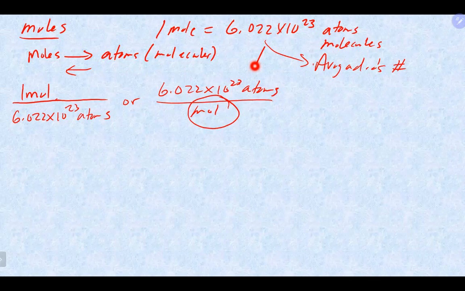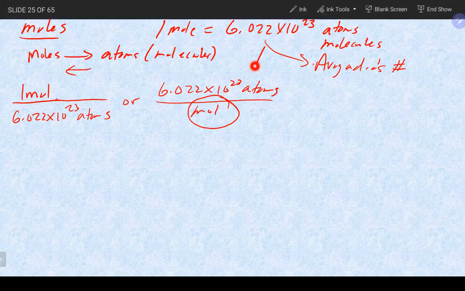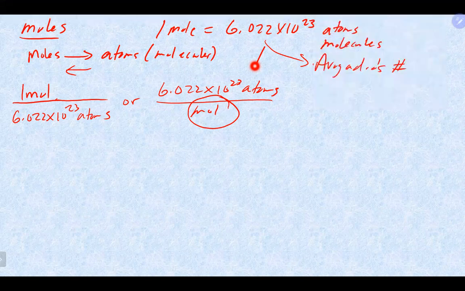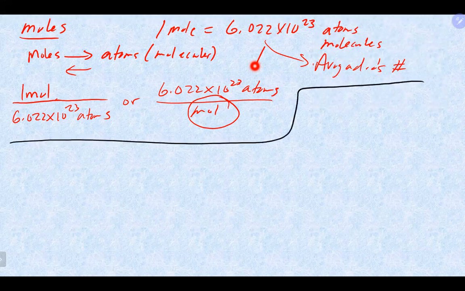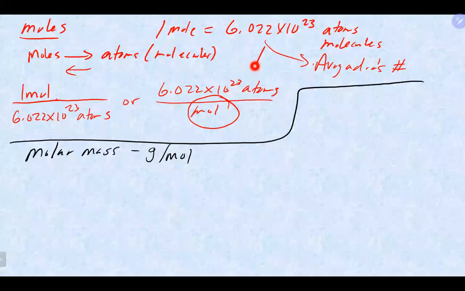The other, maybe more important, conversion factor that we talked about is molar mass. The molar mass of a substance always has units of grams per mole, and it always has those 2 units. And as we talked about, the number that you get will always stay with the grams, and it's always 1 mole of something.